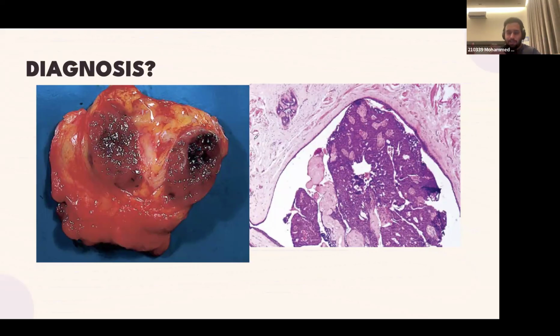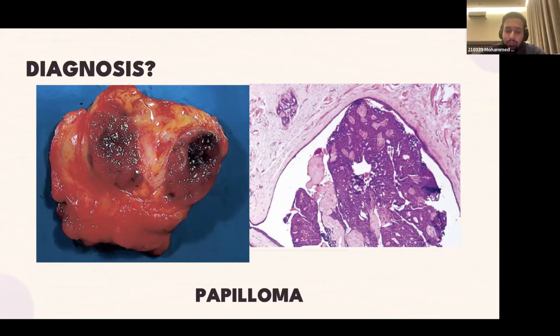Postmenopausal, usually papillary carcinoma or just adenocarcinoma, but it has to be papillary. Remember, intraductal papilloma, bloody discharge. If you get that, most likely it will be papilloma. This is the most common presentation of intraductal papilloma, bloody discharge.